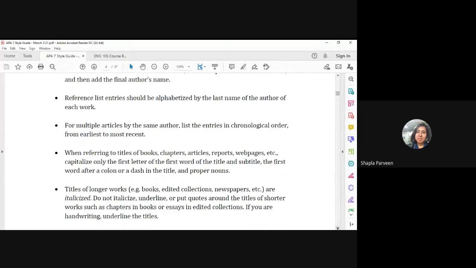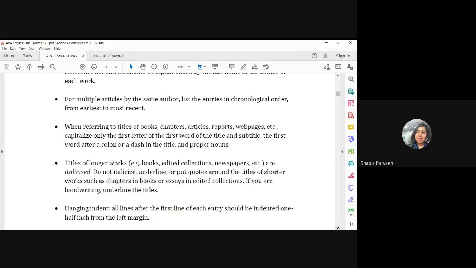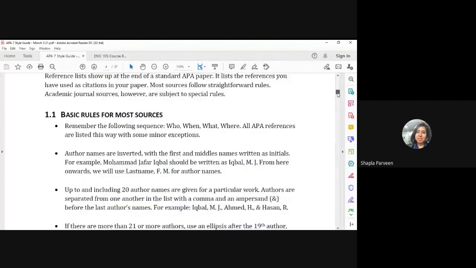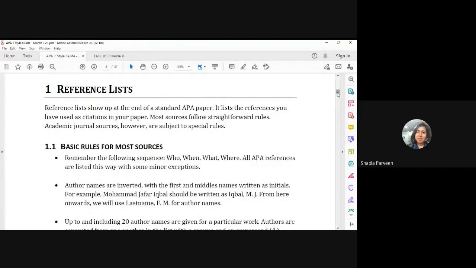It's 37 pages. All right, because I also need to revise, because some rules are new here. So we will talk about this in the next class. We will start going through this. This booklet starts with the reference list first and then the in-text citation.